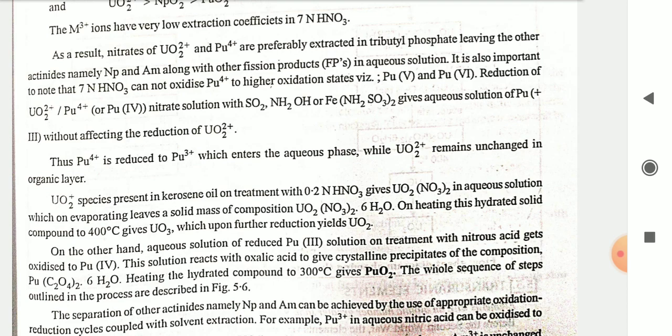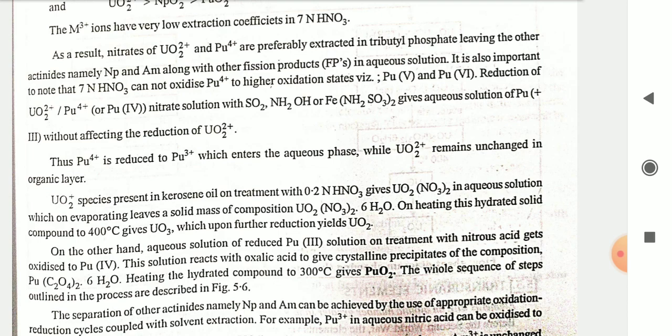It is also important to note that 7M HNO3 cannot oxidize Pu4+ to higher oxidation states, Pu5+ and Pu6+. Reduction of the UO2 2+, Pu4+ nitrate solution with SO2, NH2OH or Fe(NH2SO3)2 gives an aqueous solution of Pu3+ without affecting UO2 2+.